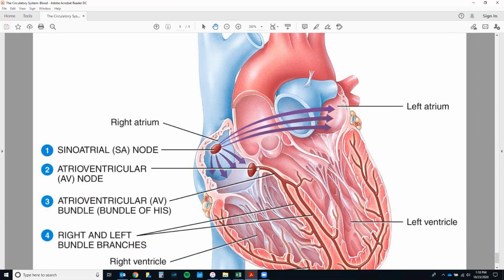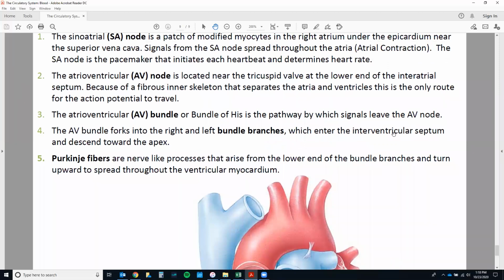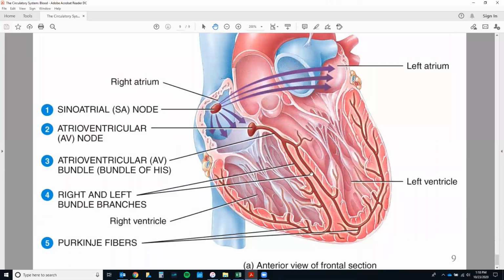From the AV node, the signal is going to then all be connected by essentially a wiring setup, beginning with this short singular band, what's called the AV bundle or atrioventricular bundle or bundle of His, which travels down from the AV node and then forks, forming the left and right bundle branches.